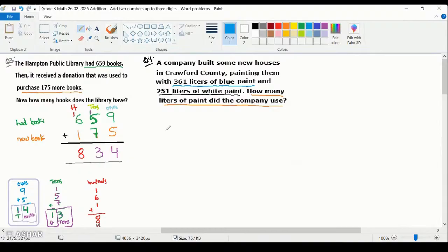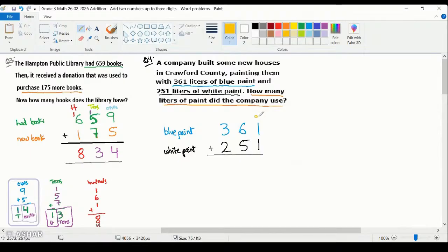So we can say blue paint was 361 liters, whereas the white paint was 251. So once we need to find the total, how many ones are there?